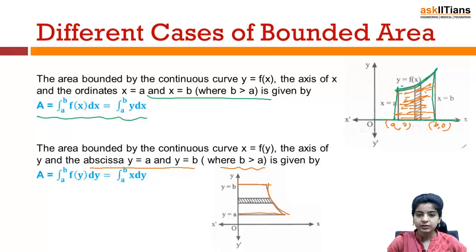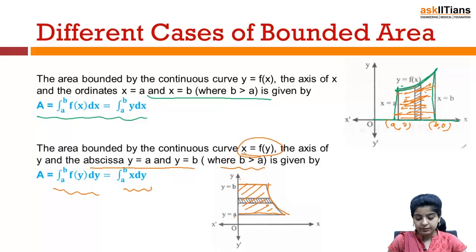We are required to find this area, denoted by the strip. This area is given by A equal to integral a to b f(y) dy, that is integral a to b x dy, because f(y) is x.